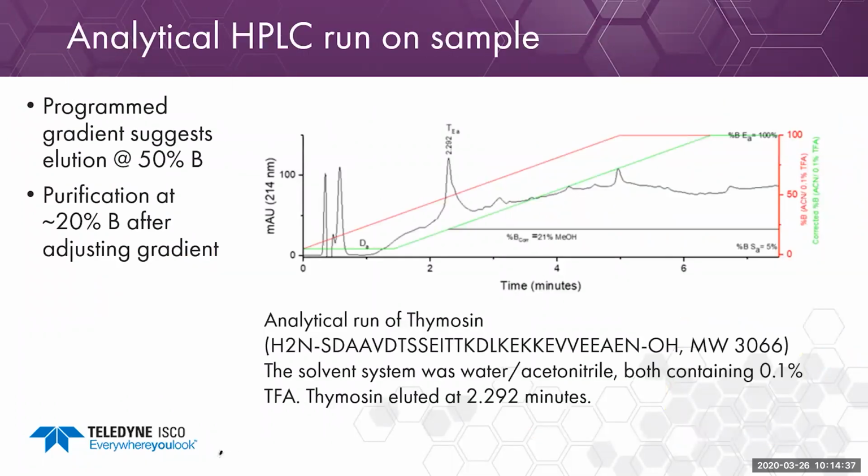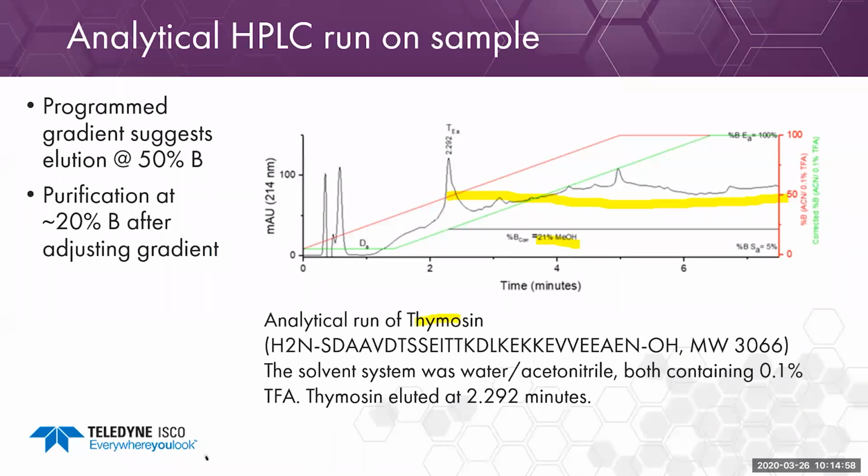So, running a peptide on an analytical system, the programmed gradient suggests that this peptide elutes at 50% B solvent. However, using the applied gradient delay, I see the compound actually elutes at around 21% methanol in this case.